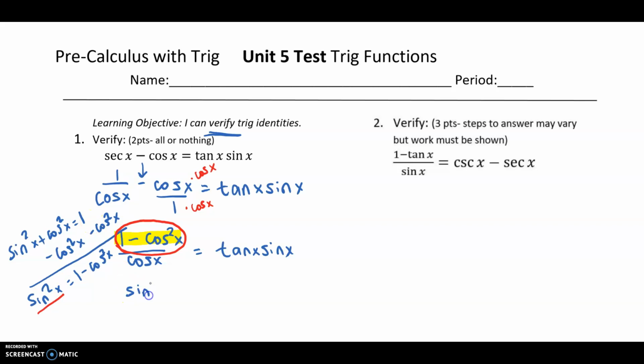So now I have sine squared x over cosine x. And at this point, I see that there's a cosine in the denominator, and there are two sines on top. And I also recognize that tangent can be rewritten as sine over cosine. But I'm not moving anything else. Sine is still going to stay right there.